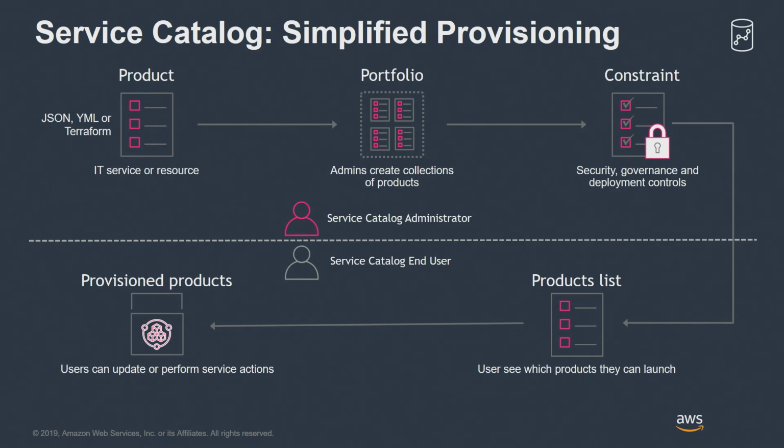Now, these are some of the concepts that I was talking about before. You have a group of people that will create the templates, which are the people at the top of this slide, the service catalog administrators, and then you will have a set of consumers that don't need to know what infrastructure as code is. They don't need to know how the sausage is made.